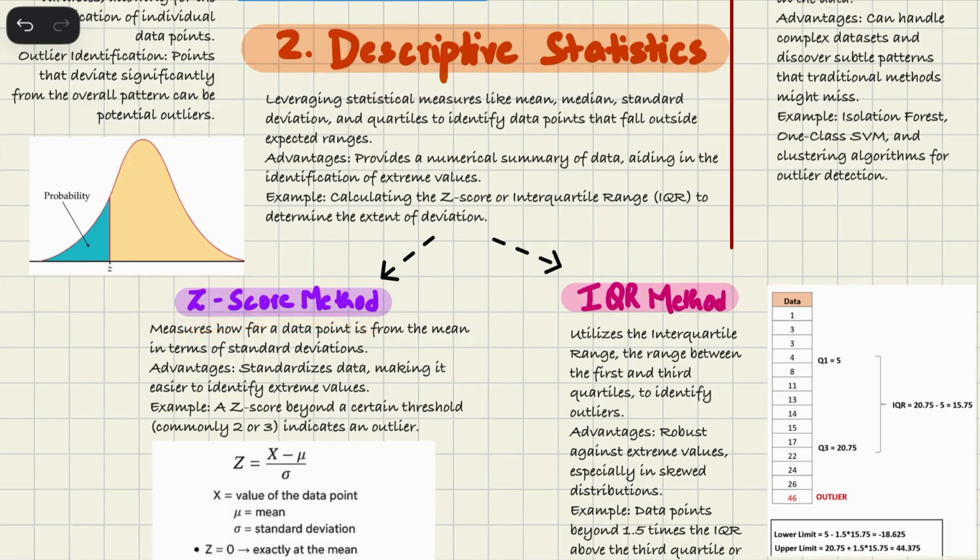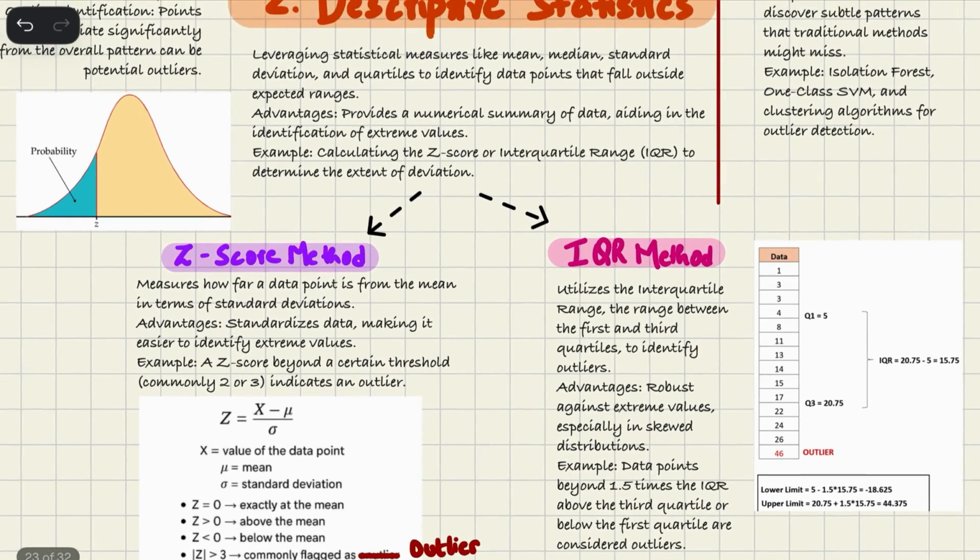First is the z-score method. All right, so this measures exactly how many standard deviations a point sits away from the mean. Okay, so how much the point is sitting away from the mean. I hope you understood. This is the formula of z-score, where z is equal to x, the data point, minus mu, the mean, upon the standard deviation.